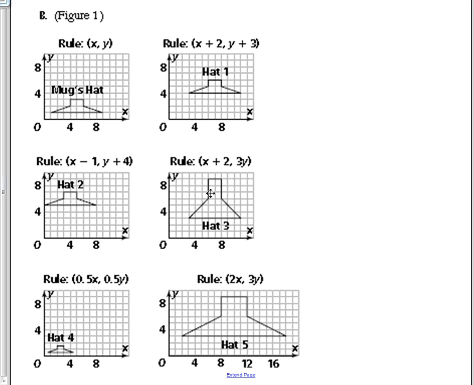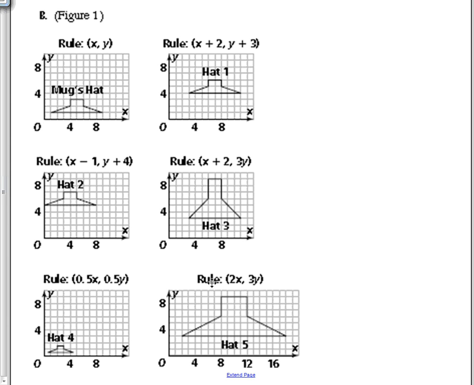But all the ones going up, the side lengths are different because we multiplied 3 times y. All the side lengths here are going to be half as large. But you know what? For hat number 4, if you compare it to Mug's hat, we would actually measure this out. The angles are going to be the same. It's just the side lengths that change.